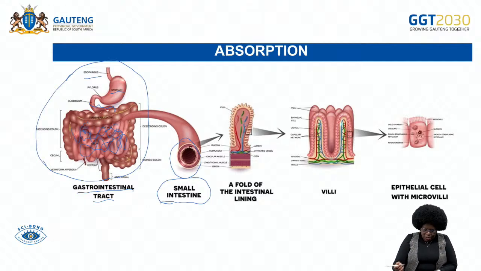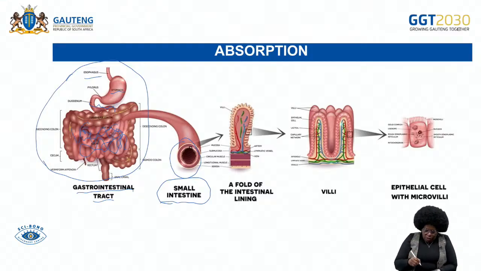You can see that we've got muscles found in the inner part of the small intestine, right? As we look at this, peristalsis is also happening, which is going to allow the process of digestion to take place fully.